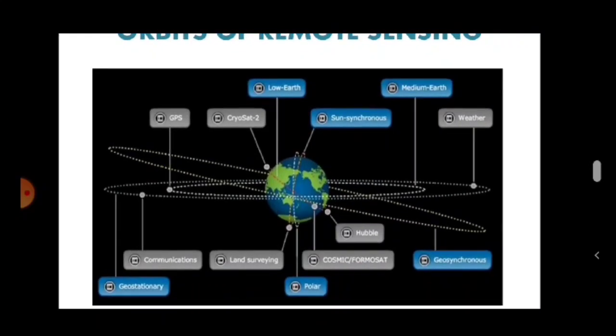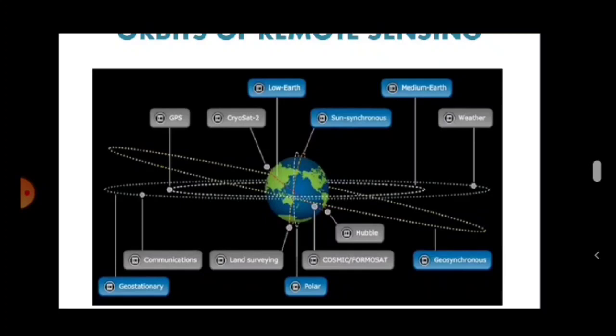When it comes to altitude, it means the distance from the satellite to the mean surface level. As an example, orbits at 600 to 800 kilometers or 36,000 kilometers are the altitudes of polar orbit satellites or geostationary orbit satellites respectively.